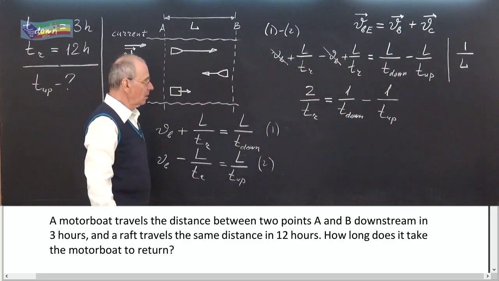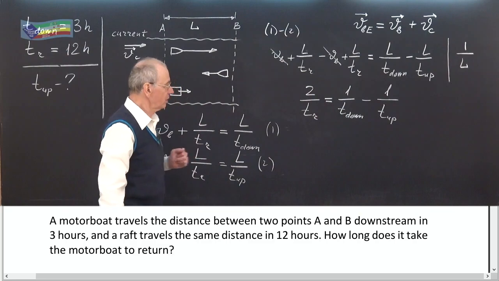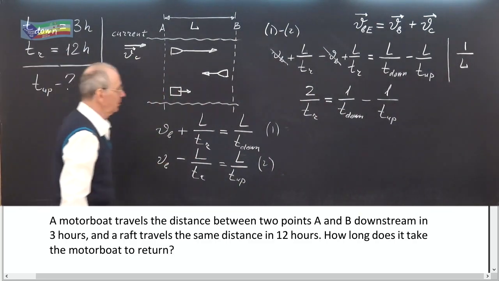One equation for one unknown. What is unknown in this equation? T up.